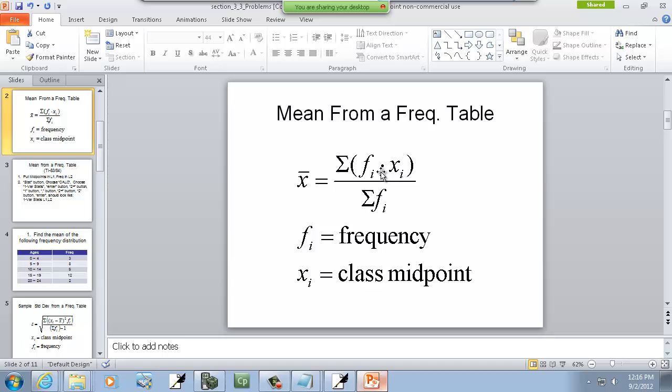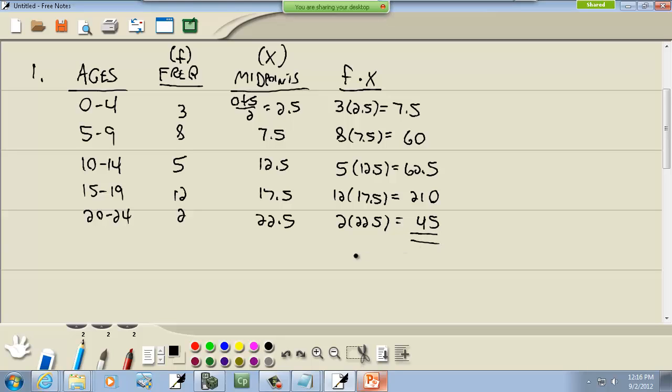Okay. Now we've got f times x, and then we've got the sigma in front of it, uppercase sigma. That means we're going to add those together now. So we want to sum this column, and that'll be our sum of f times x. So 7.5 plus 60 plus 62.5 plus 210 plus 45. And that gives us 385.